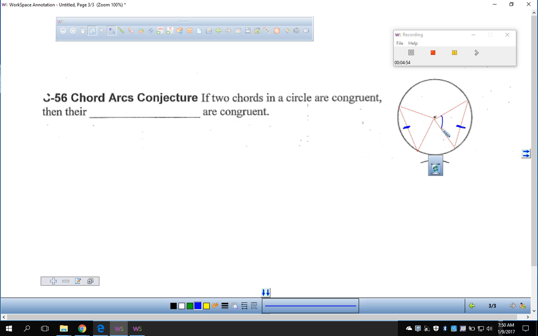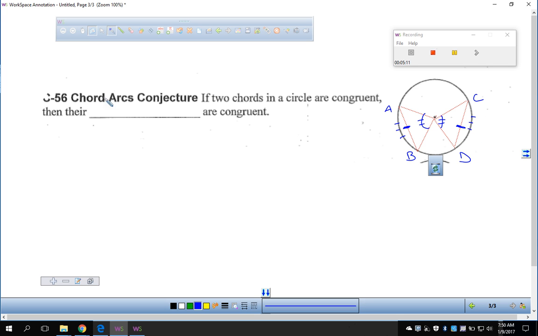These angles are congruent, right? And if these angles are congruent, what has to be true about arc AB and arc CD, from here to here and here to here? They're congruent as well. So that's what this next conjecture says.